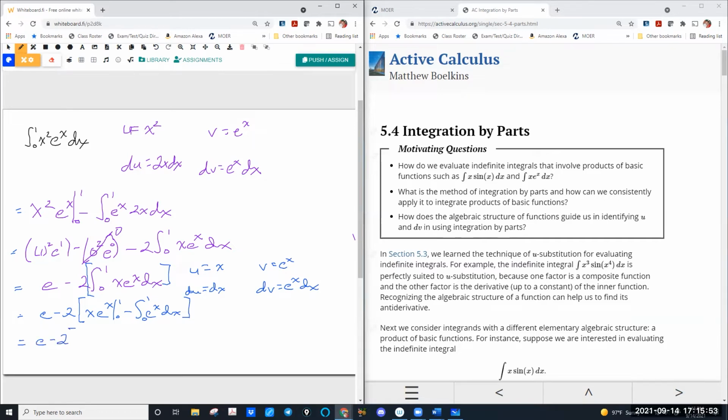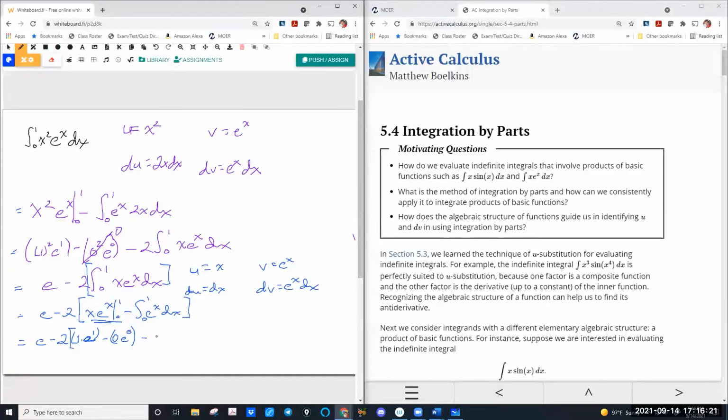So minus 2, I'm going to keep my brackets. Plugging in 1, I get 1 times e to the 1, minus 0 times e to the 0. That's doing our fundamental theorem on this part here.